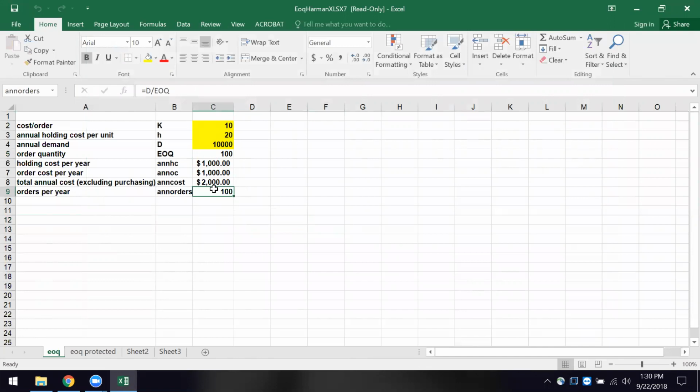So the number we're going to order per year is going to be the EOQ times the orders per year, and that will give us $10,000.